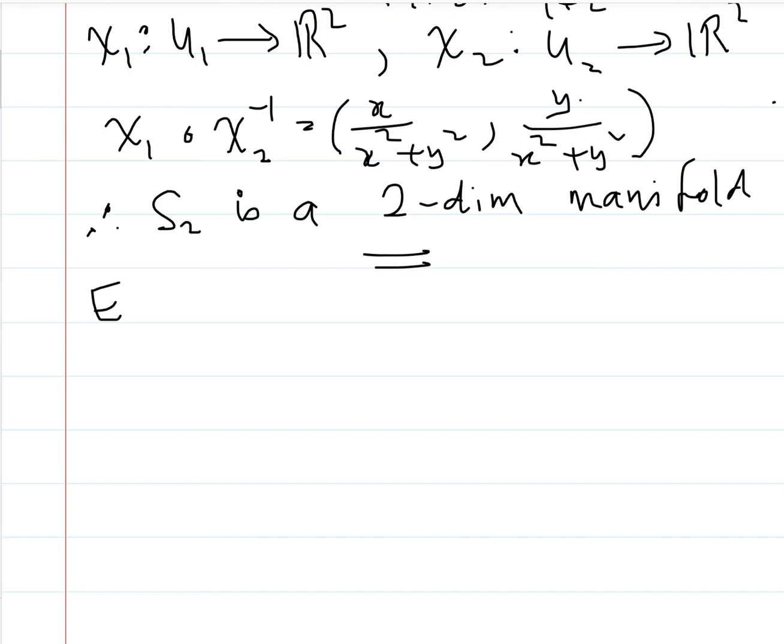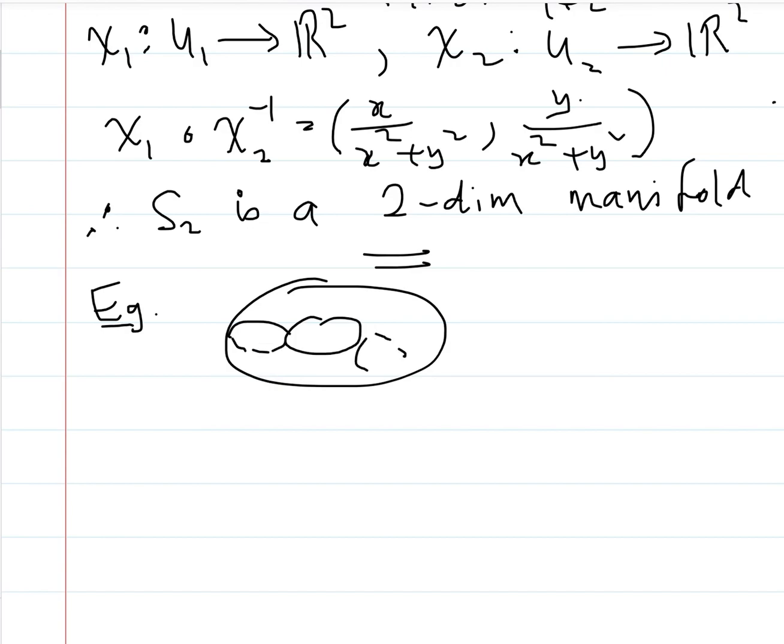Right, so another example, which I'm not going to go into the details of, is that your torus, your donut, is also a two-dimensional manifold. You can say that the circle generated in that direction provides one of the dimensions, and the interior circles, the cross sections, provide another dimension, and that gives us the two dimensions.